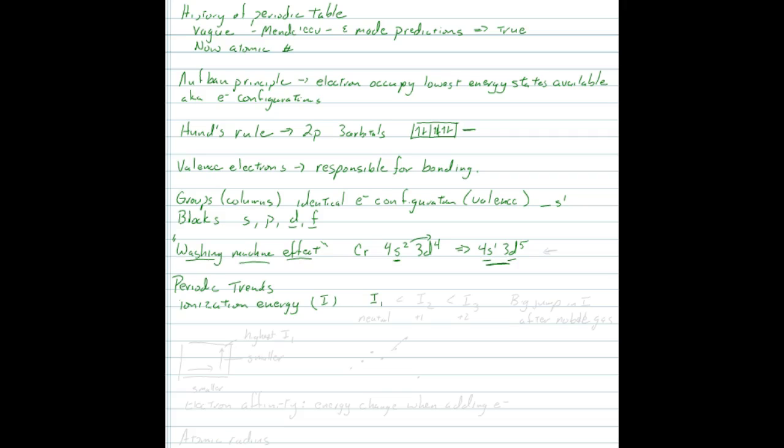I sub 1 would be the energy needed to remove the first electron, which is going to be less than I sub 2, which is the energy needed to remove the second electron, and I sub 3, etc. This is removing a negative electron from a neutral atom, which it doesn't really want to do, but it takes much more energy to remove a negative electron from a +1 ion, and it takes even more energy to remove it from a +2 ion.